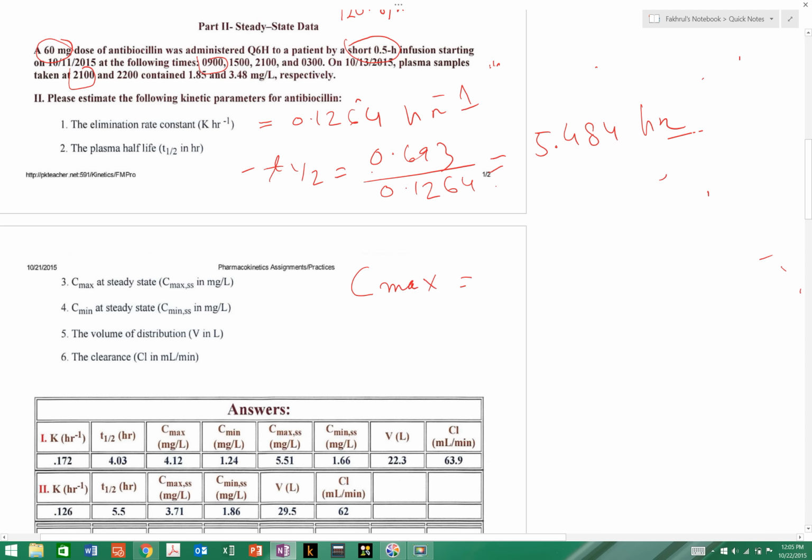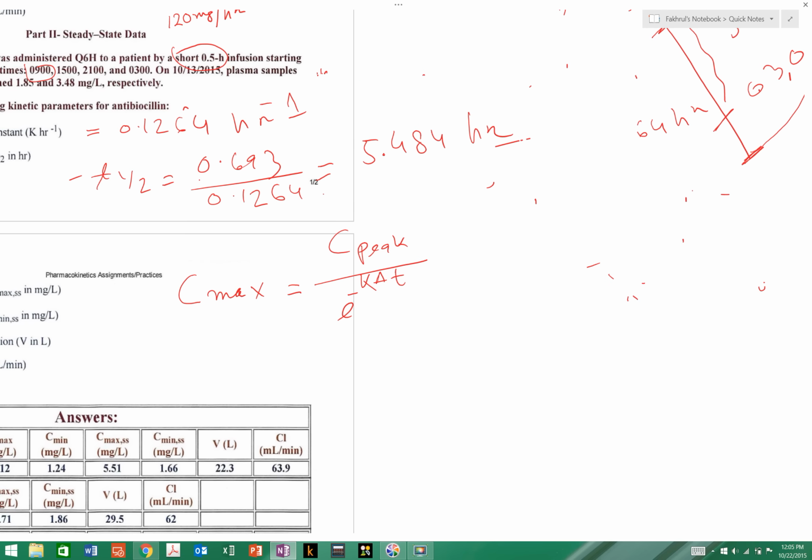For Cmax at steady state, we are going to use C peak divided by e to the negative k tau t. So to calculate my Cmax at steady state, we have to know what the trough is.